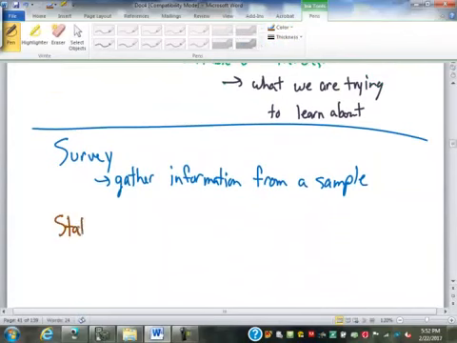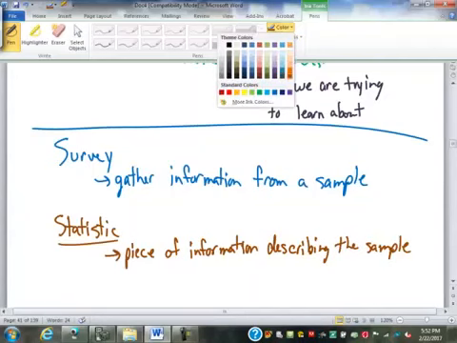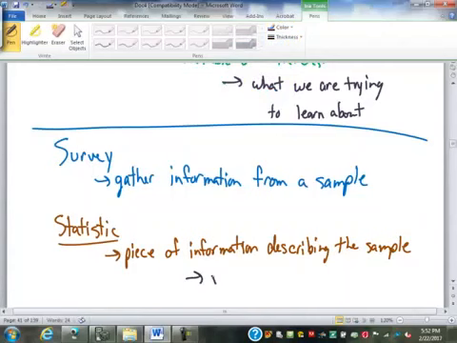A statistic, nice to define the word that we're learning about, right? A statistic is then that piece of information describing the sample then. And again, it has to be related to that variable of interest.